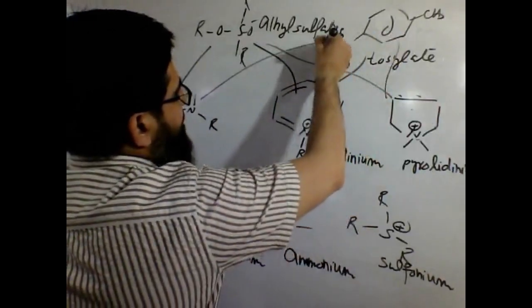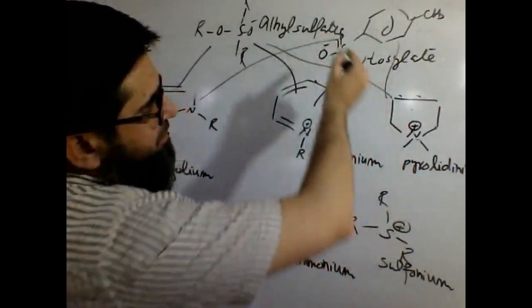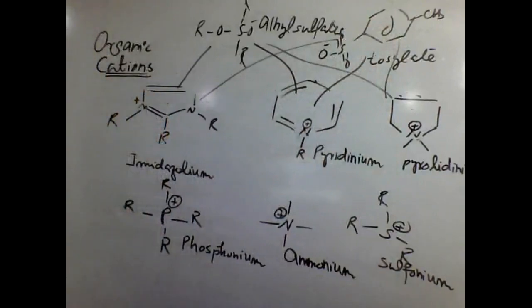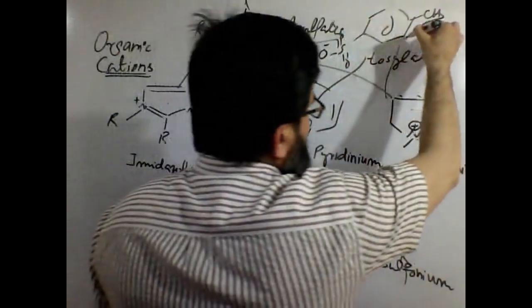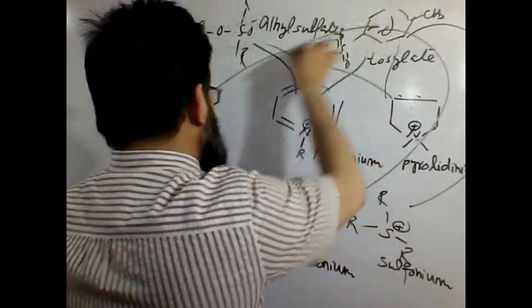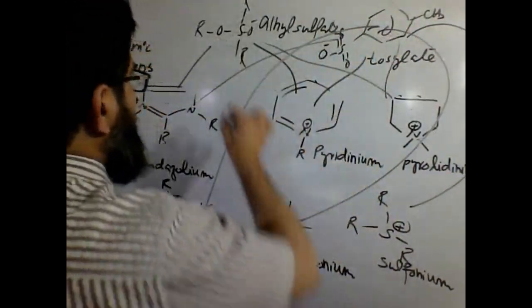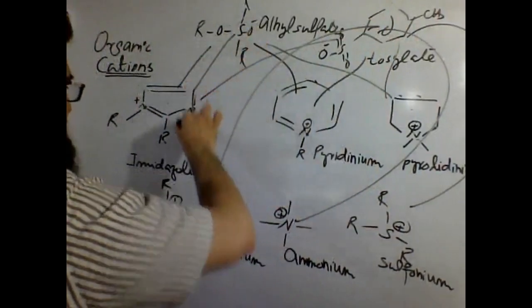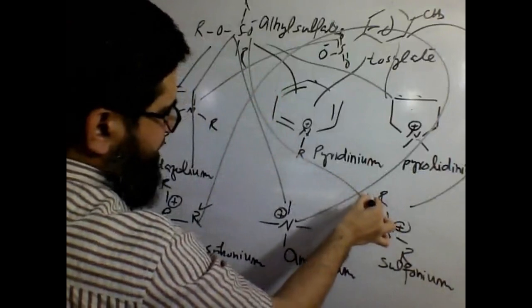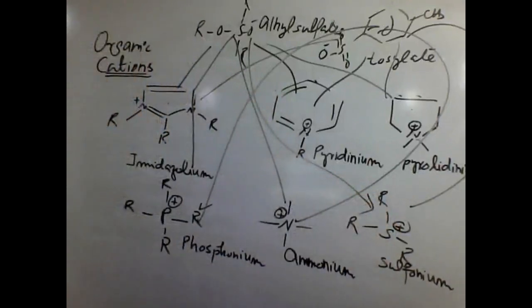It should be oxygen carrying negative. In fact, they can be used for the preparation of ionic liquids. Similarly, you can have the tosylate with this one, tosylate with this one, or tosylate with this one, or you can have simply this body with ammonium, or you can have it with phosphonium. So this is a variety of ionic liquids.